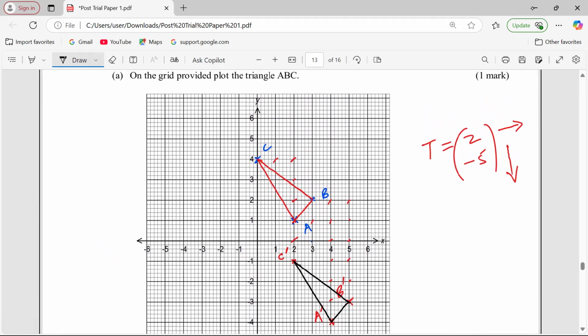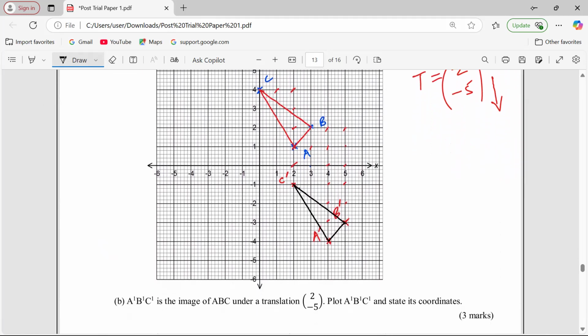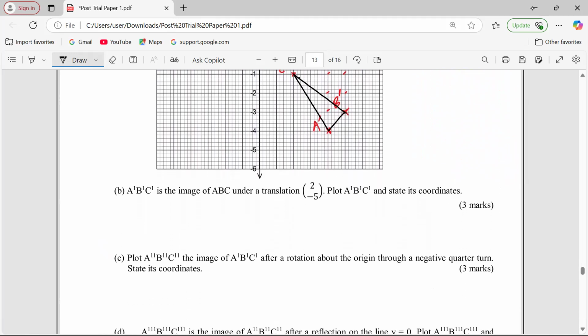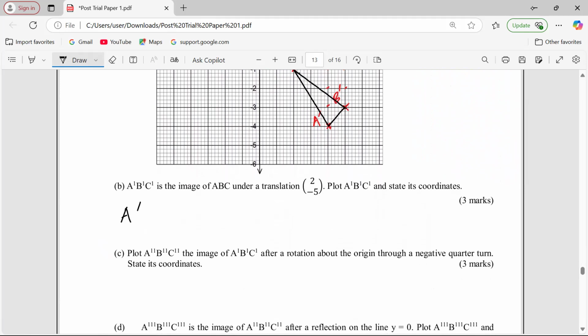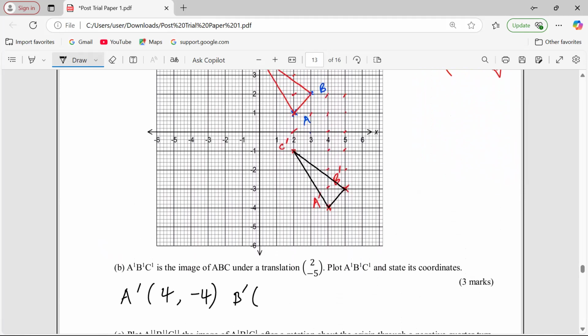We have also been advised to state the coordinates. Therefore, A prime is (4, -4). Then B prime is (5, -3).